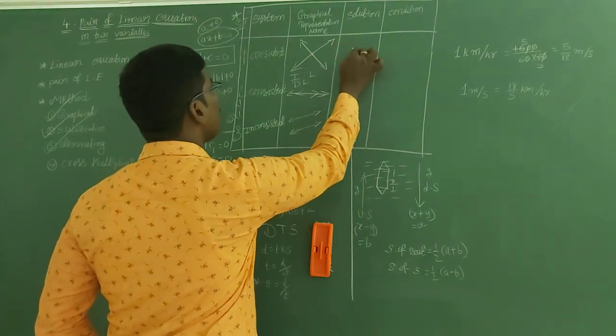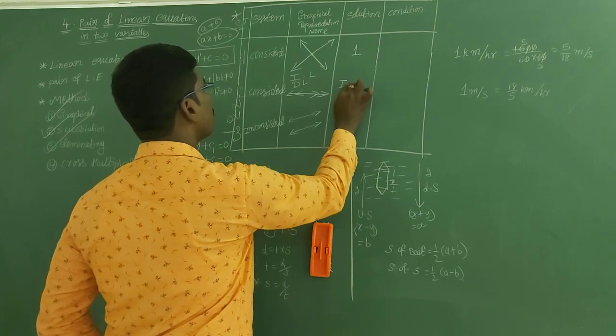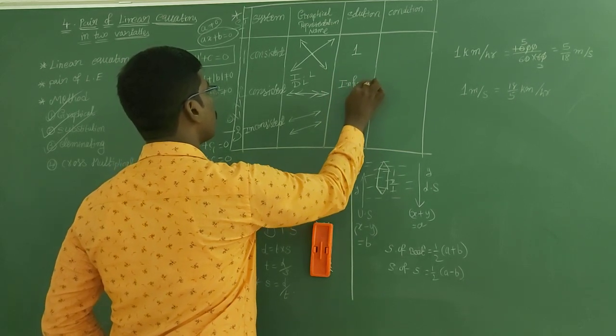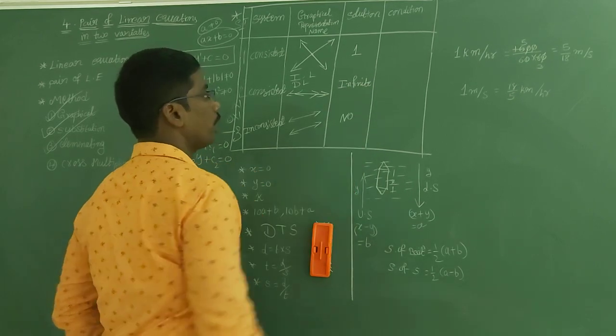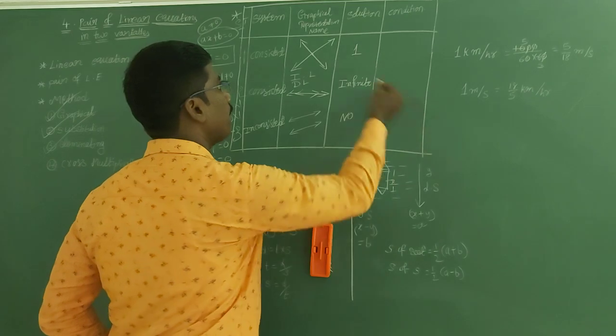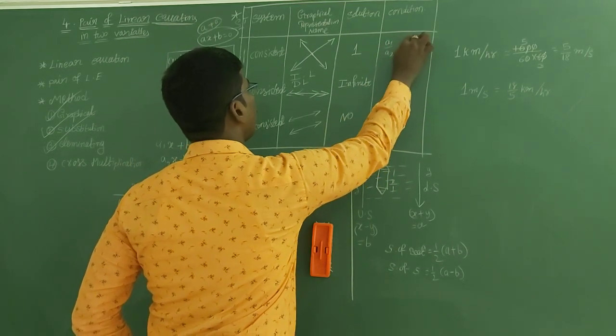Now the solution: only one solution here, infinite solutions here, no solution here. The next condition is a1 by a2 not equal to b1 by b2.